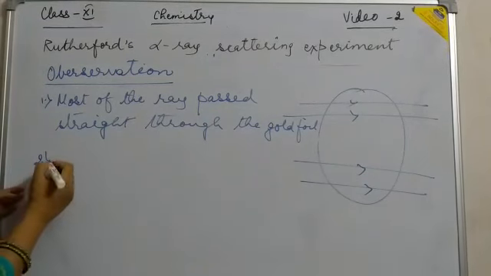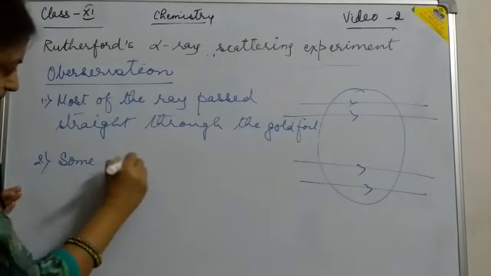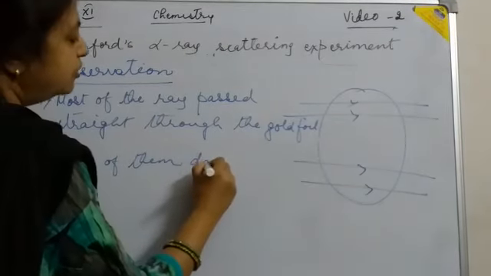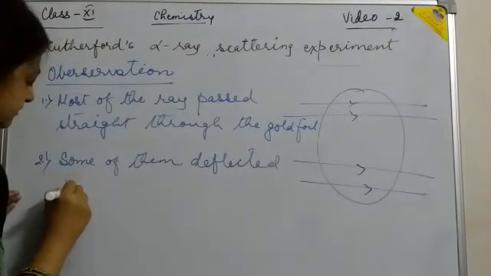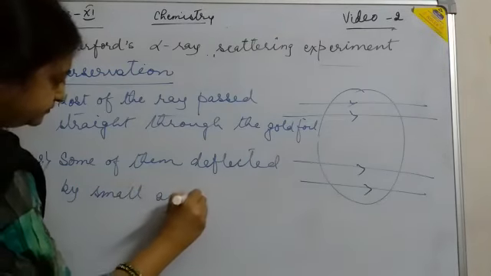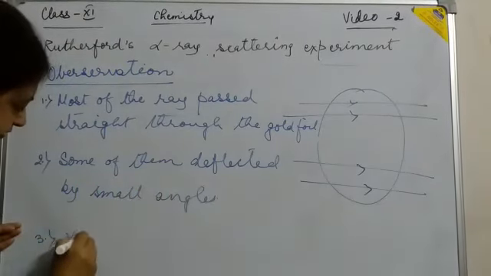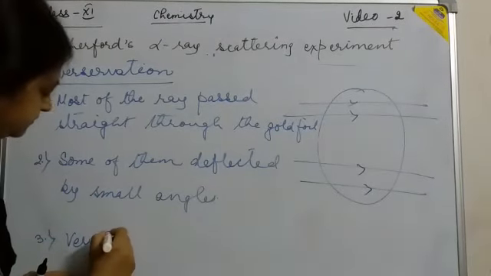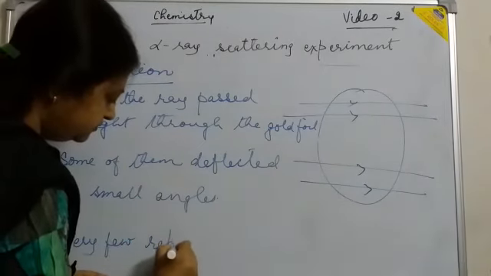Second observation is, some of them deviated or deflected by small angles. And the third one is, very few rebound.